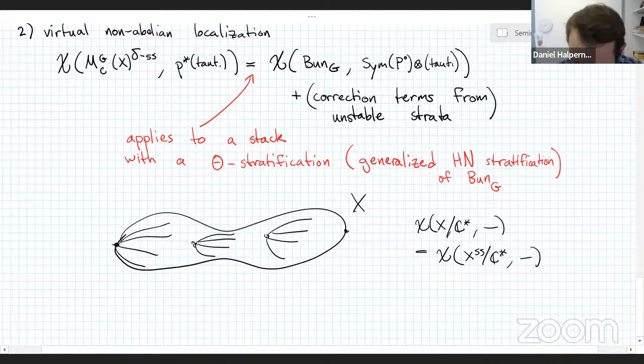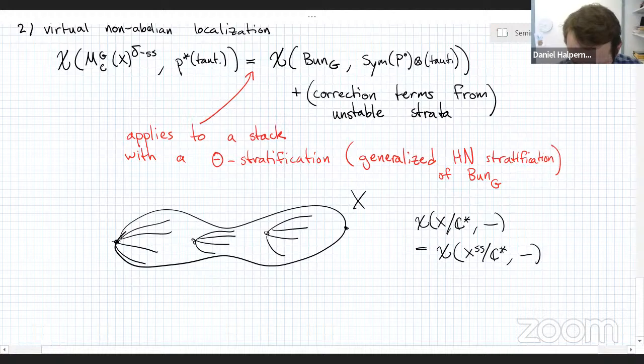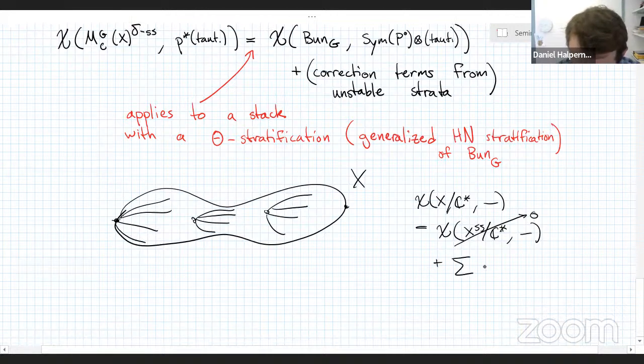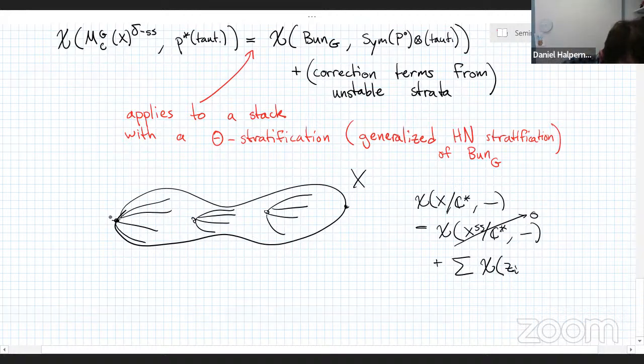But the semi-stable locus is the complement of the strata. So this is empty. Plus a sum, and the correction terms in this case would be the integrals over the centers. So let me call the fixed loci Z1, Z2, Z3.